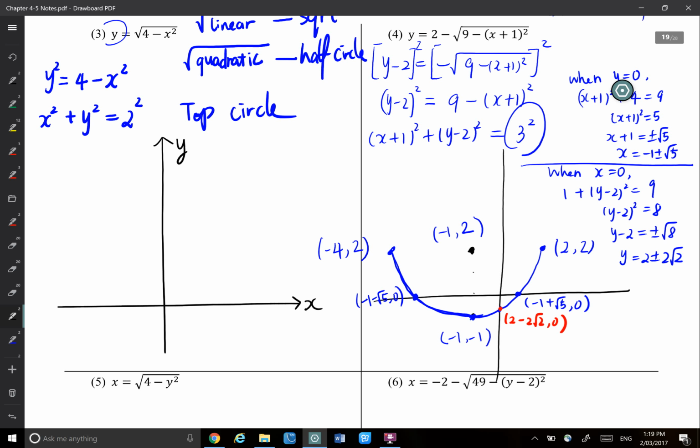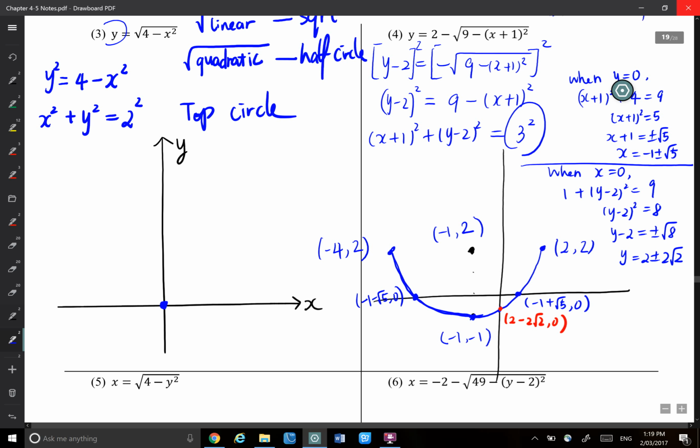Okay, so we have center at 0, 0. We need to label the center. We have radius of 2. But it's a top circle, so it's not going to have the bottom part. Okay.